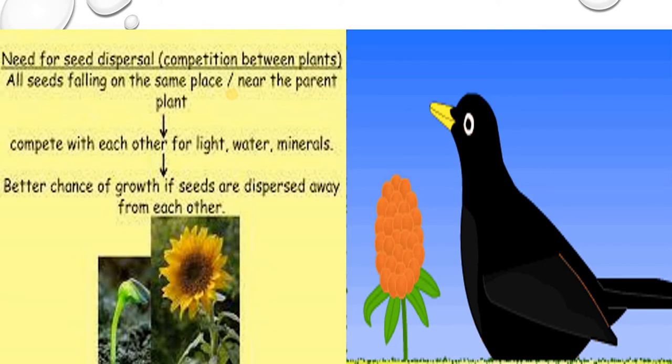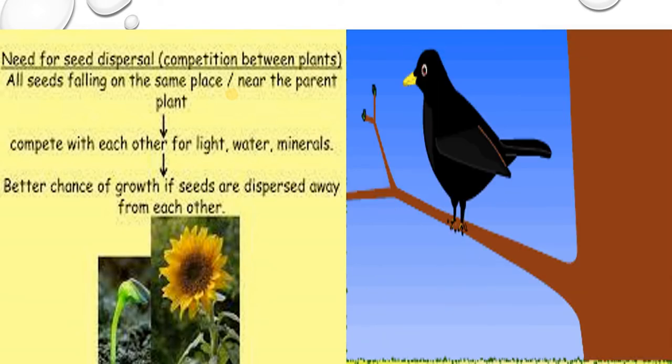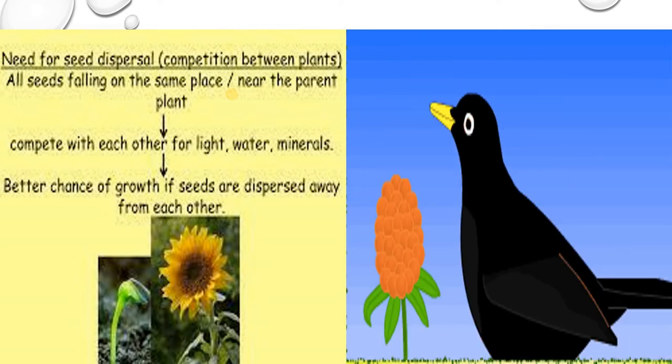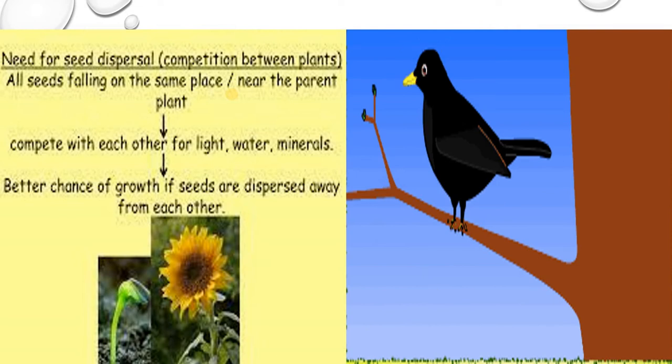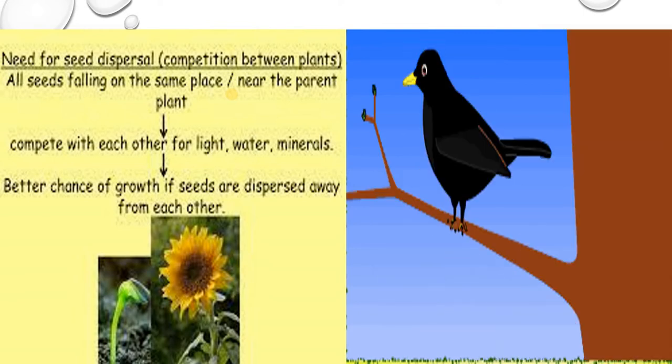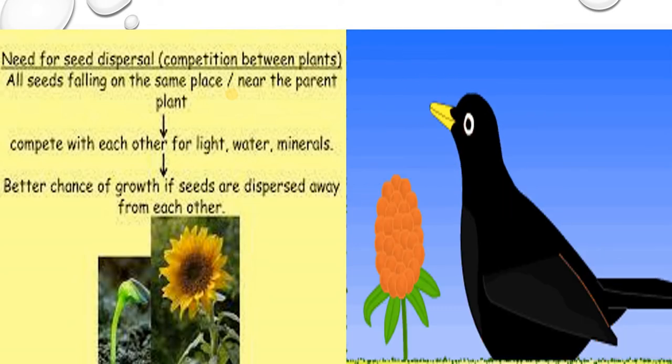So, in order to prevent overcrowding at the same place, the seeds and fruits of many plants have developed various ways which enable them to be carried a long distance away from the parent plant. We can say the seeds and fruits of many plants are adapted for dispersal in wide areas, for a better chance of growth of seeds dispersed away from each other.